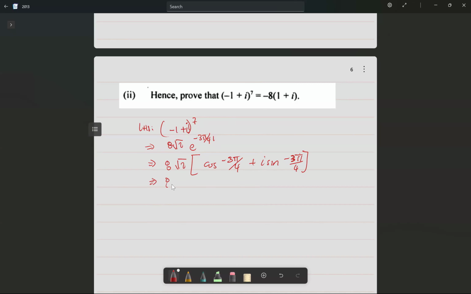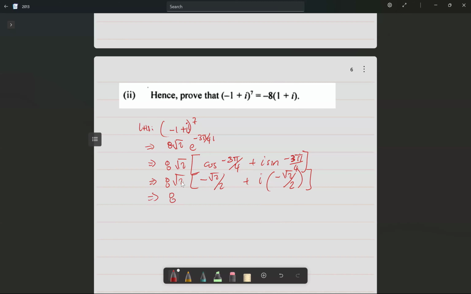This gives us 8 square root 2 negative square root 2 over 2 plus i negative square root 2 over 2. Then minus, I give a plus.